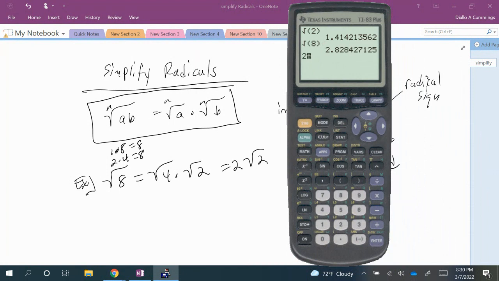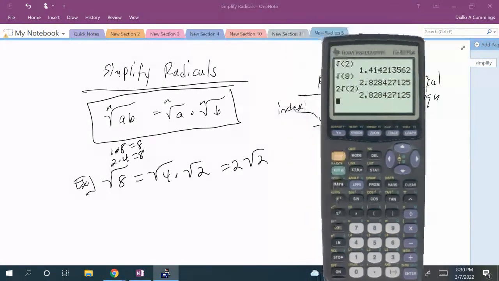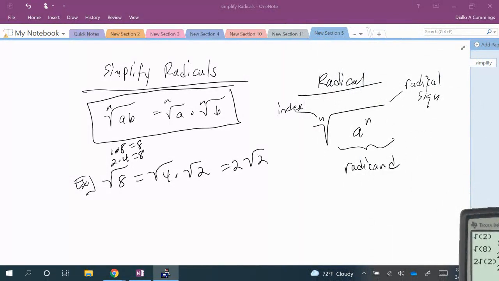If I evaluate 2 times the square root of 2, I get the same value. So anytime you want to simplify square roots, you must use what are called perfect squares. The perfect square I used here was 4.